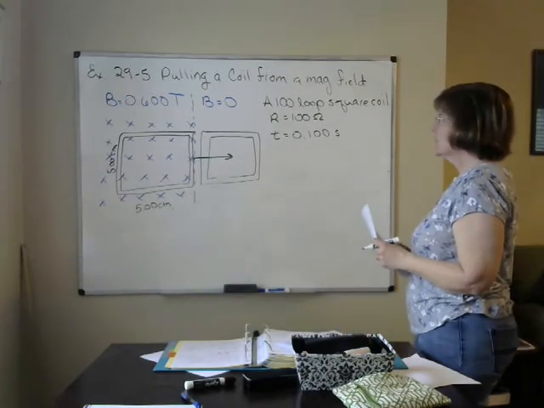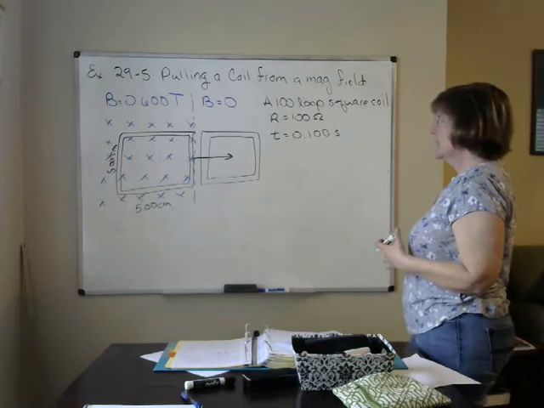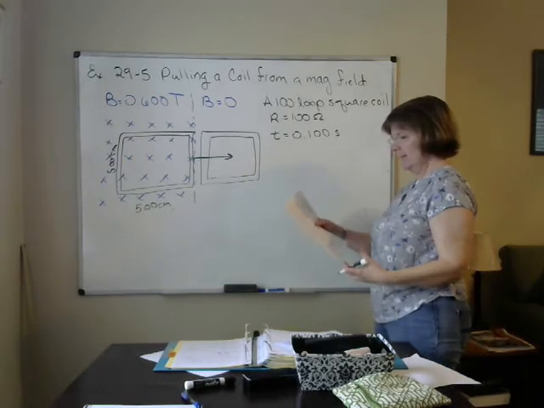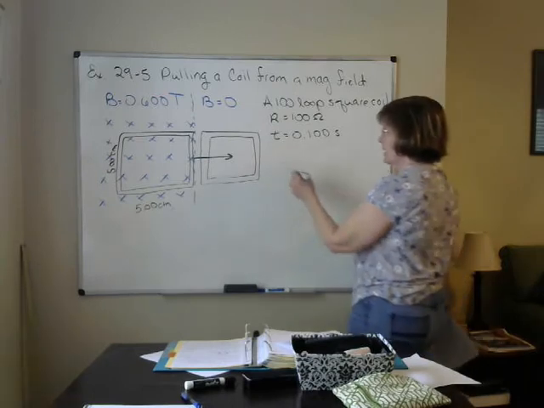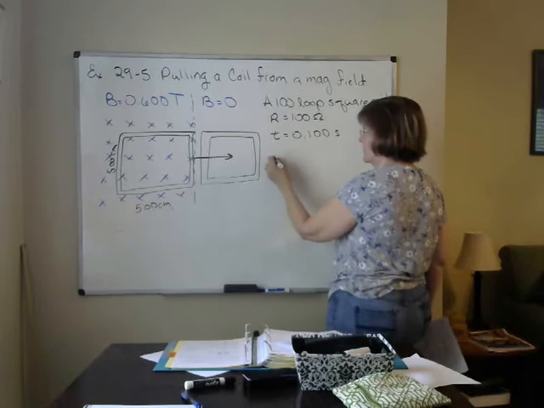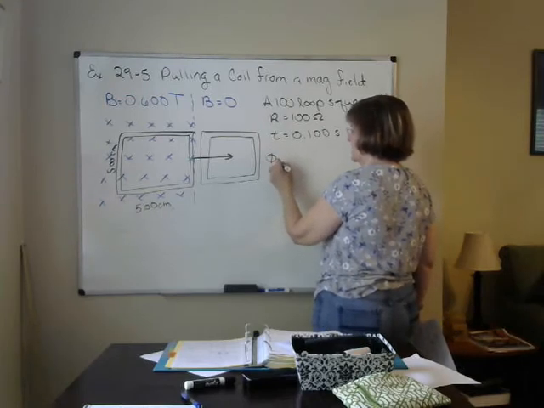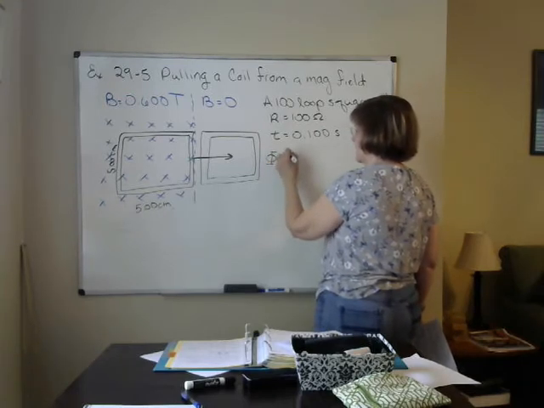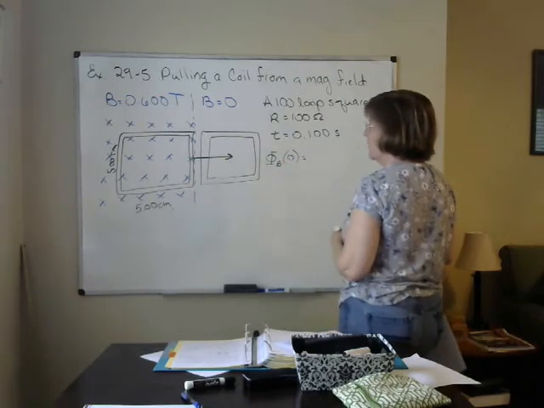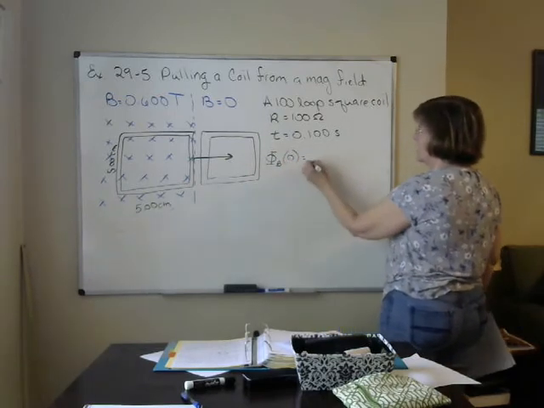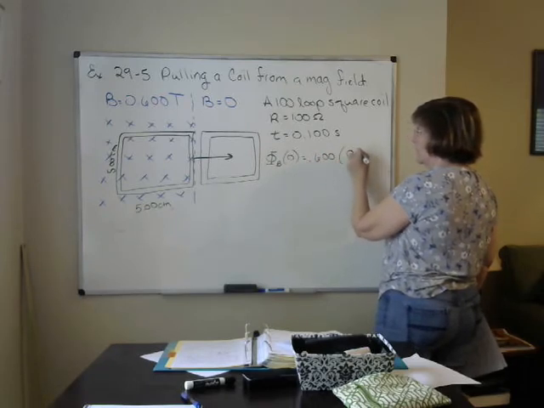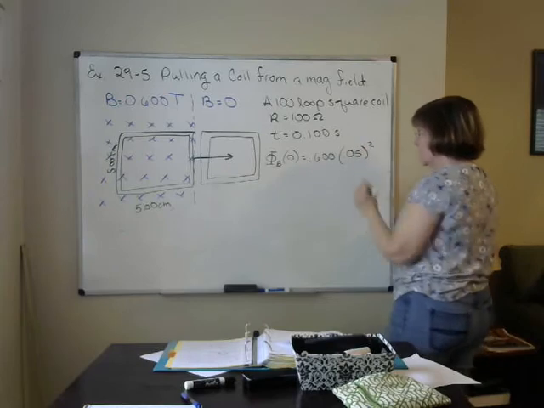Okay. The first thing they want me to find is the rate of change in flux. Well, let's think about it. The flux at t equals 0, the initial flux, is the area times the magnetic field, 0.600 times 0.05 squared.